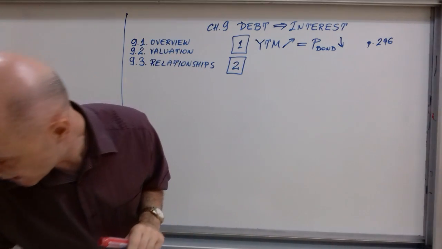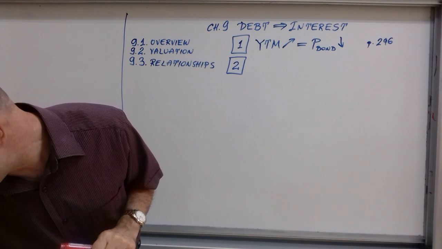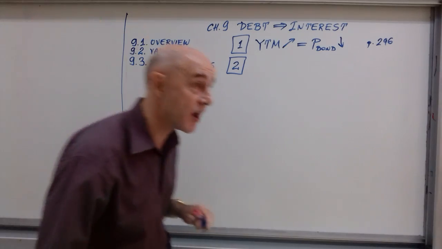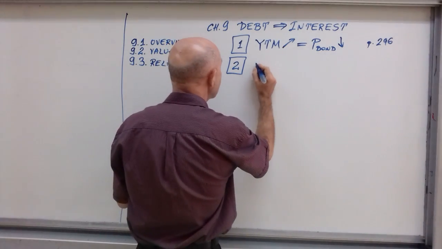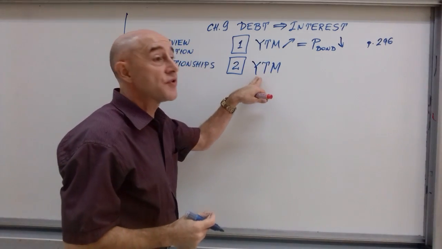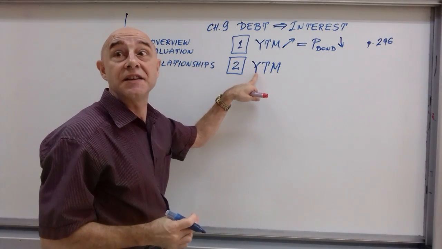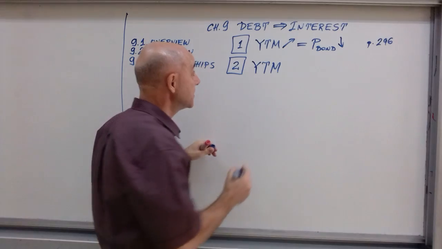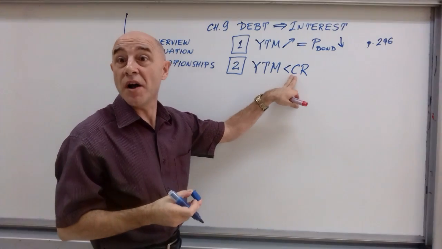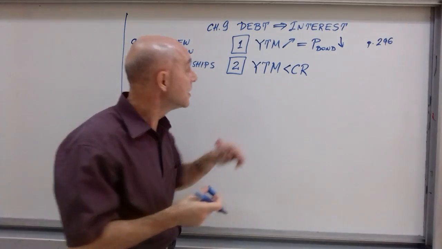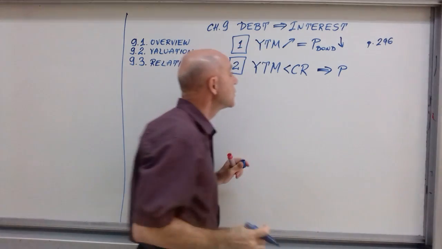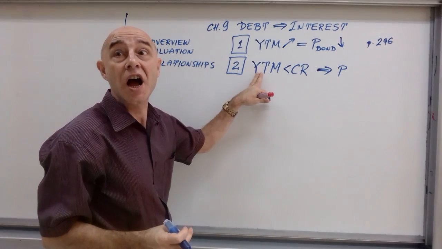Number 2, let's see what it is. The market value of a bond will be, if the required yield to maturity is the coupon rate. Alright, so coupon rate and yield to maturity. If the bond is yielding, let's say, 10%, which is less than the CR, the coupon rate, then it follows that price will be, it's yielding higher.